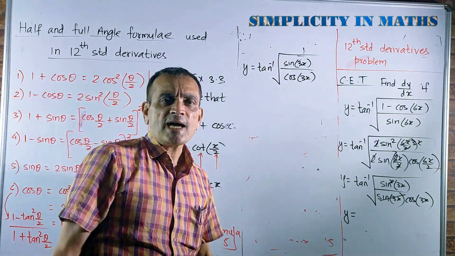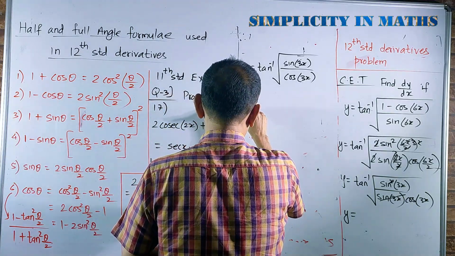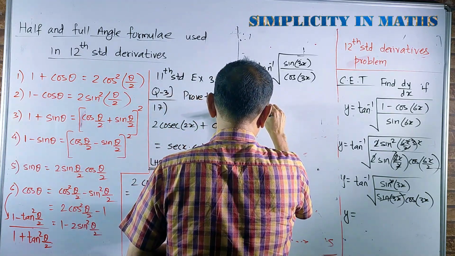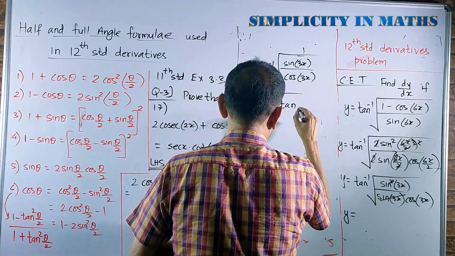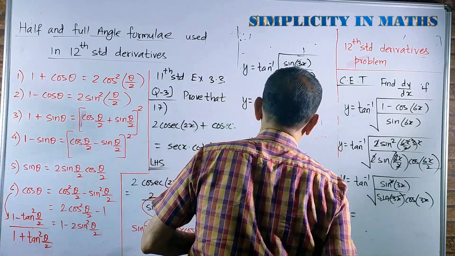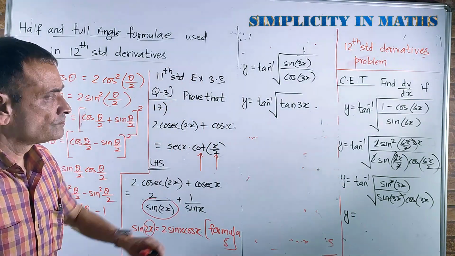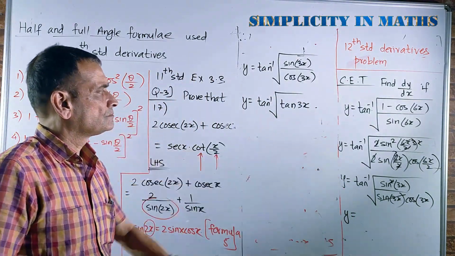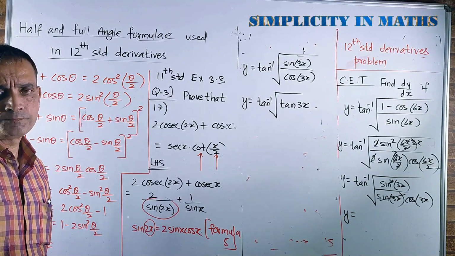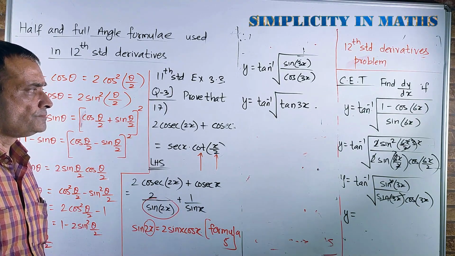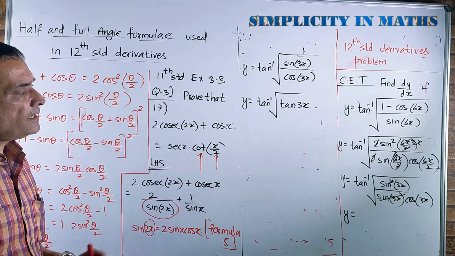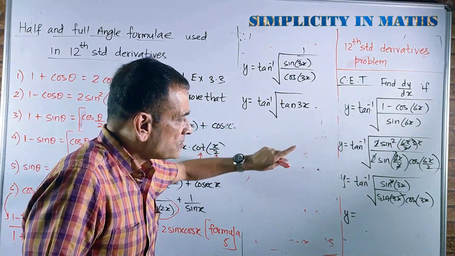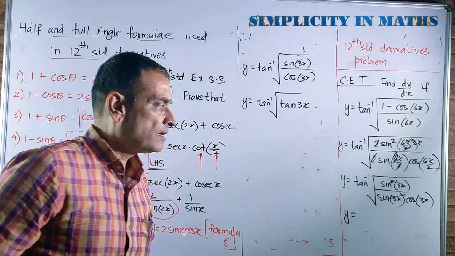Sin upon cos is tan. Right? So it has been simplified to this step.